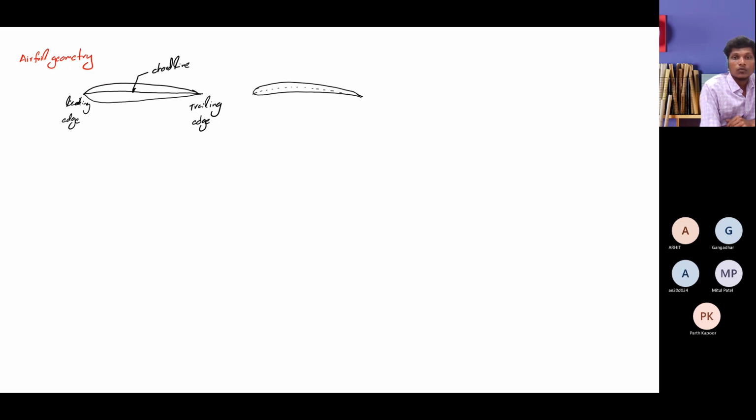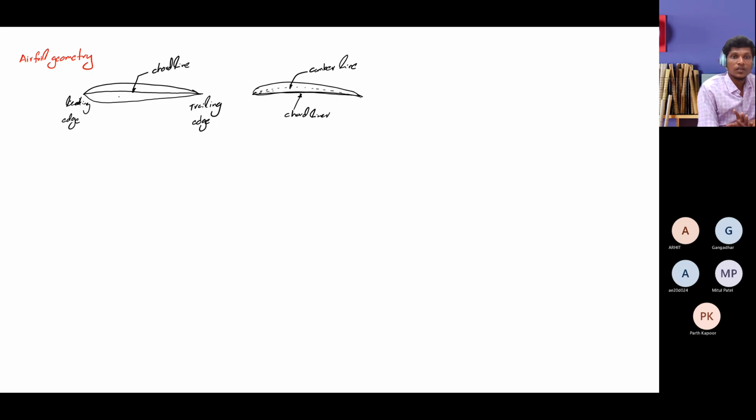In the cambered aerofoil, this is your chord line, and this is your mean camber line. The mean camber line is the key line that generates your cambered aerofoil, or asymmetry in the aerofoil.